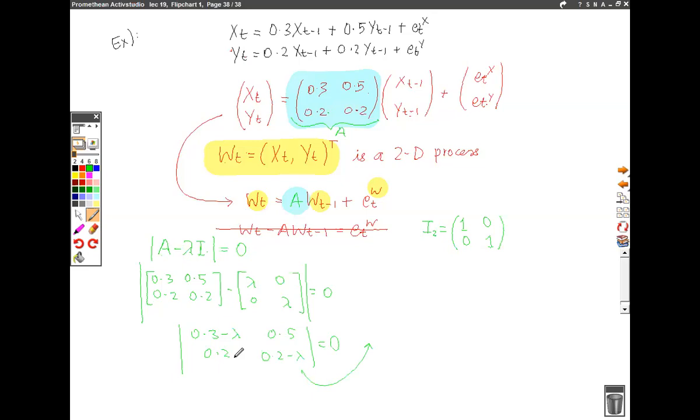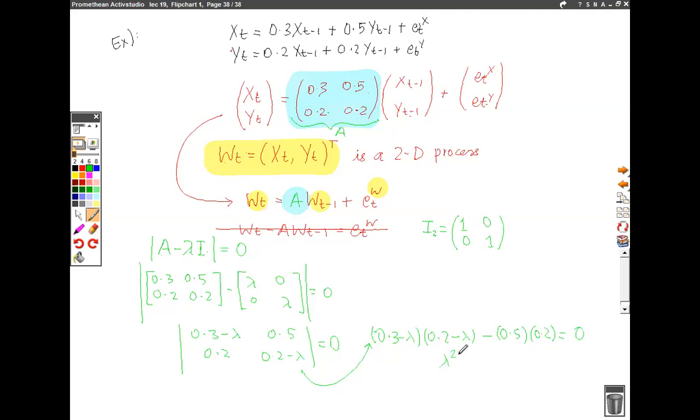So what I have here is (0.3 minus lambda) times (0.2 minus lambda) minus 0.5 times 0.2, and that should be 0. And now to figure out the values of these lambdas, you will have to solve this quadratic equation.